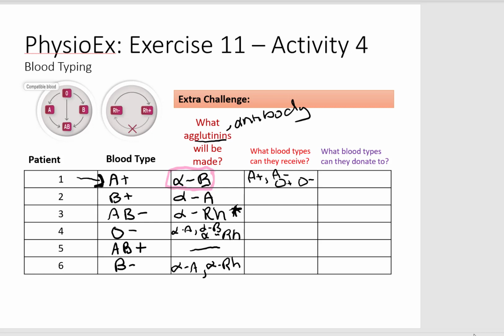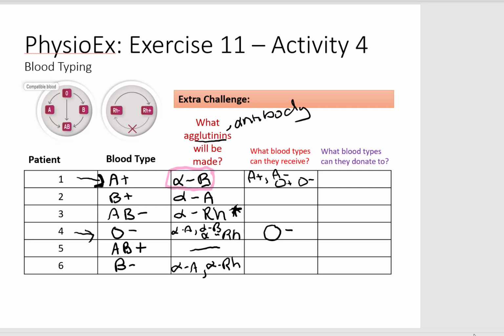What about patient 4? Let's do one more. What can patient 4 receive? None. Well, thank you for saying that. They can receive O negative, can't they? Yes, they can.